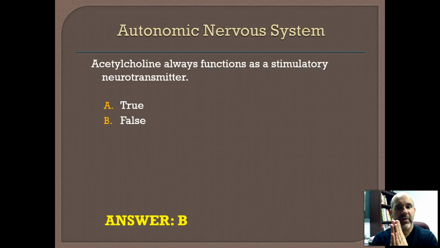If that receptor opens up and allows an influx of sodium ions, that's going to cause depolarization. But neurotransmitters may have different kinds of receptors in different locations that will cause stimulation or inhibition depending on what they're doing at that particular location. So go back and review that information that we covered about acetylcholine as well.